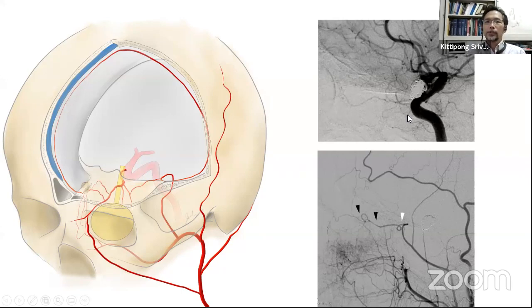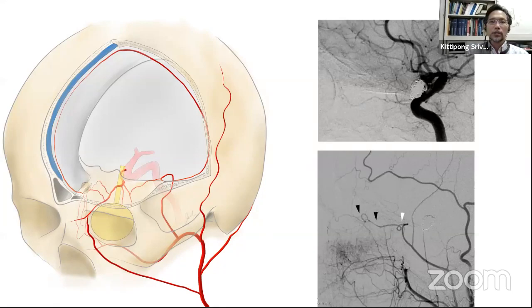Okay, so in this case, you see a very small ophthalmic artery coming out from the usual site of the ICA, but on the external carotid artery injection, you see another ophthalmic artery. So in this patient, the patient had two origins of the ophthalmic artery. They derive from different embryological origins.